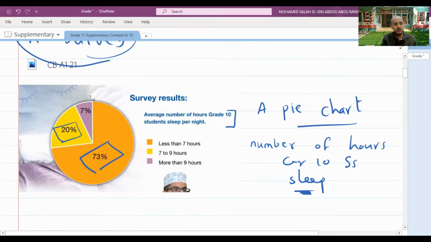And 7% of students sleep more than 9 hours, so maybe 9, 10, 11, whatever. Okay, so this is a survey result.